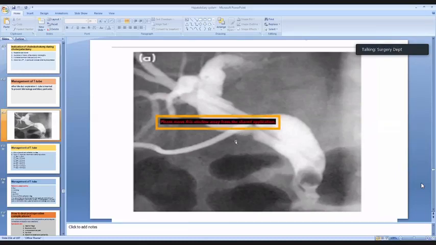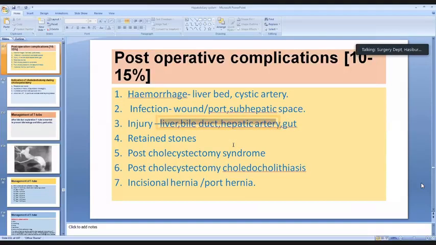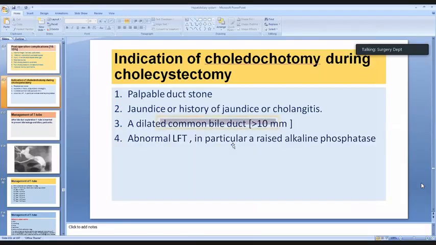Can anybody say why we introduce T-tube after bile duct exploration? কেন? Roll number 1. বলো তো? আচ্ছা, আমি বলছি আমরা কলিডোকোলিথোটমি অথবা বাইল ডাক্ট এক্সপ্লোর করলেই সরাসরি বাইল ডাক্টকে বন্ধ না করে we close it inserting a T-tube. That is a routine. Why? কেন আমরা T-tube ঢুকাই?